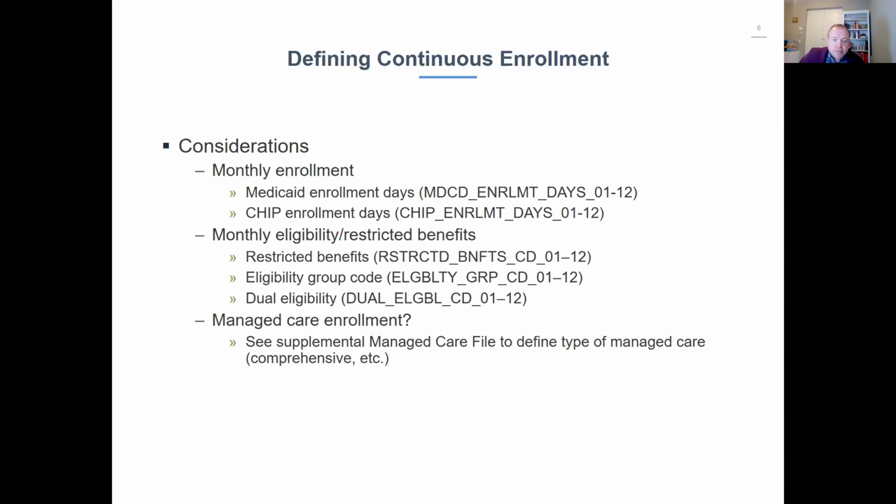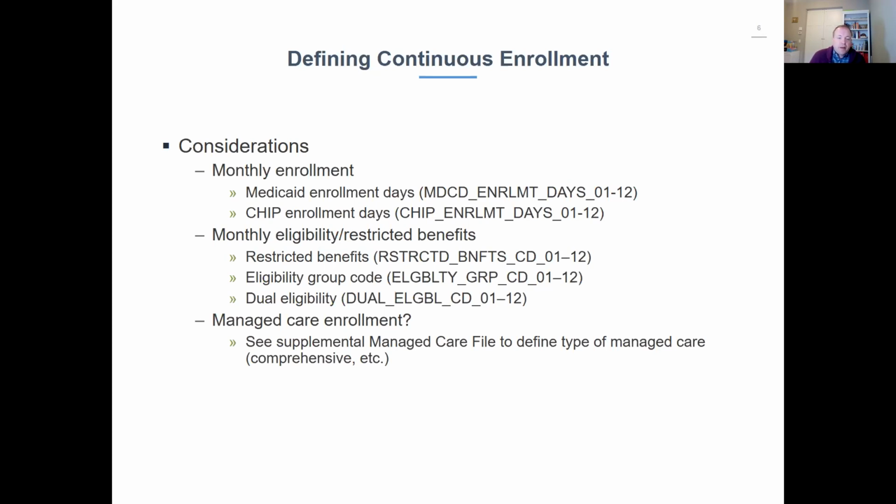So consider these questions when applying these types of restrictions, a 6-month continuous or a 12-month continuous. Do you look at monthly enrollment? So are you looking at enrollment days? If you're using those measures, do you use the monthly eligibility or restricted benefit codes? Do you include those? Do you count them as being enrolled?